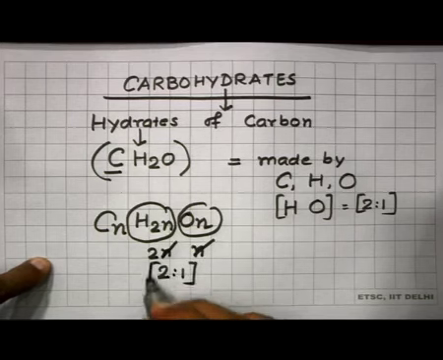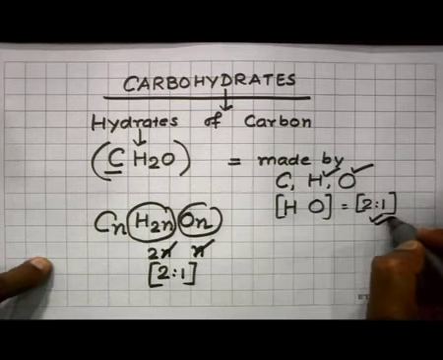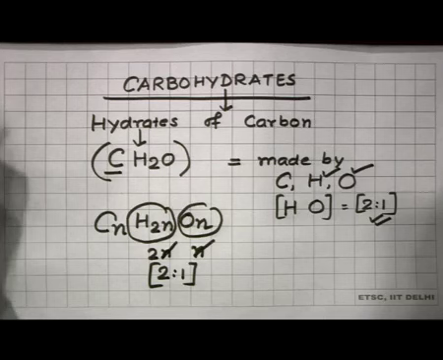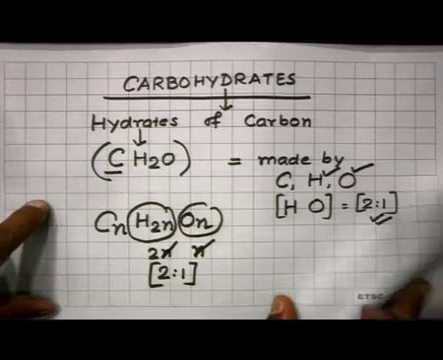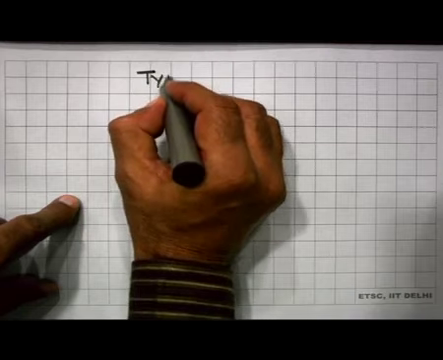In carbohydrate, the hydrogen and oxygen ratio will always be 2:1. Okay. Now, there are different types of carbohydrates. The carbohydrate which serves as a building material. Now, types of carbohydrate.